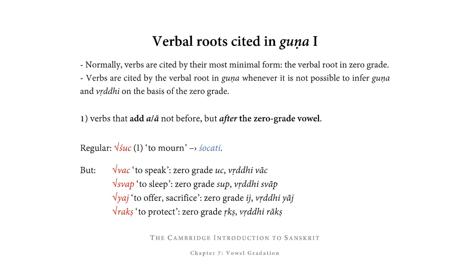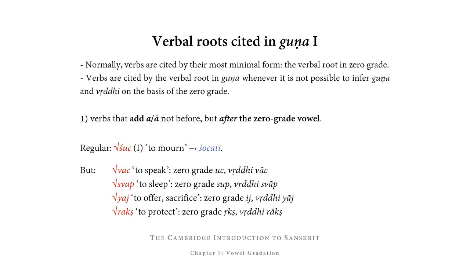Same with sup. The guna is formed by adding the guna vowel a after the zero grade vowel u, and so we get not su-ap, but svap. Same thing happens in the case of ij. Here we have an i, zero grade vowel i, that is then followed by the guna vowel a, and this i, when it stands in front of another vowel, turns into y, and so we get from ij the guna yaj.